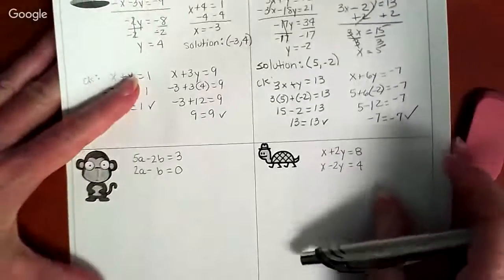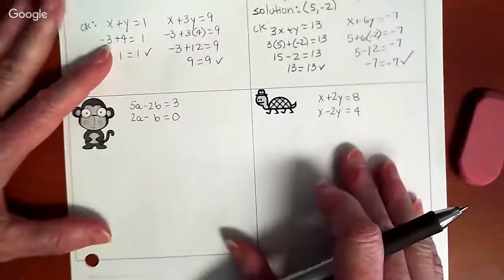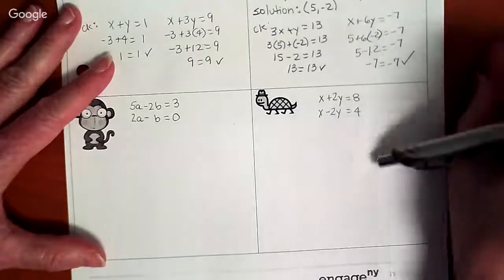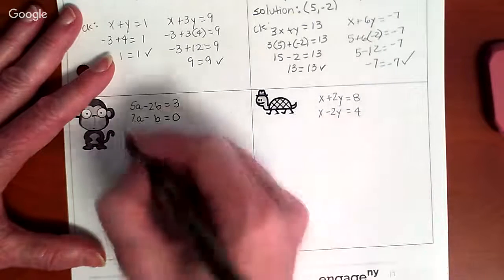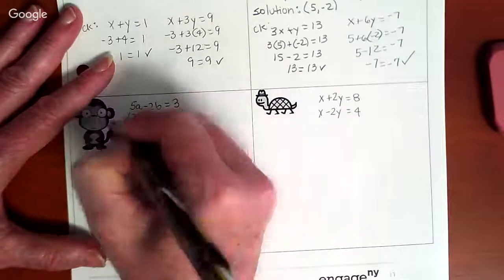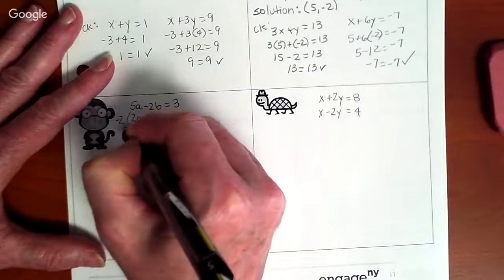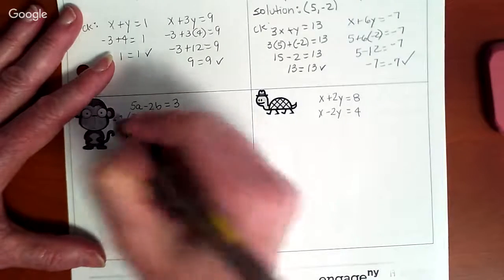Okay, so 2 more and we'll be done. So we have 5a minus 2b. Here I am going to multiply this by minus 2. All right, minus 2.